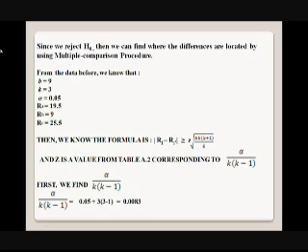From the data before, we know that b equals 9, k equals 3, alpha equals 0.05, RA equals 19.5, RB equals 9, and RC equals 25.5.